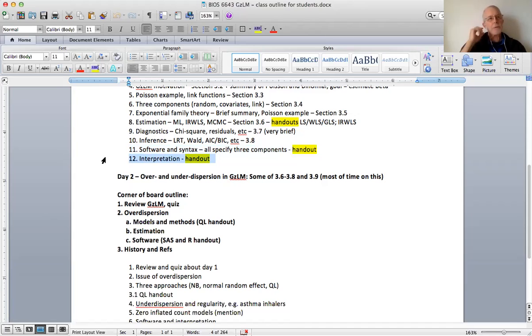I had Matt post a handout. There are a couple of ways to derive the iteratively reweighted least squares algorithm. One of them is based on the Newton-Raphson method for numerically optimizing a function, and that's what it's referring to.